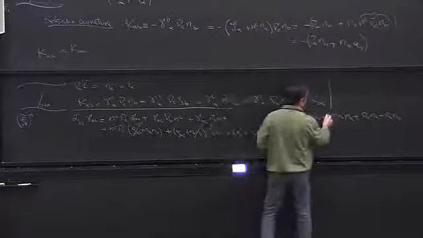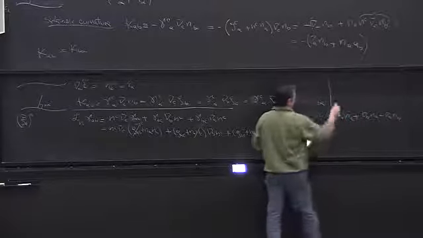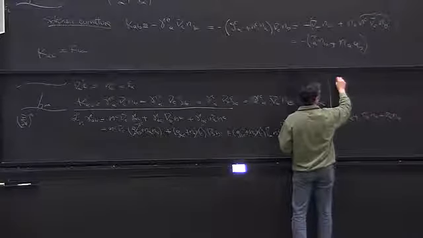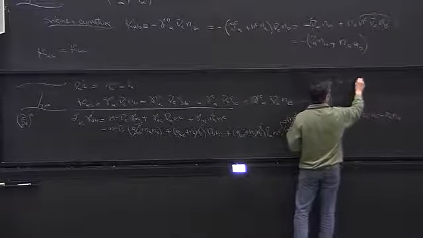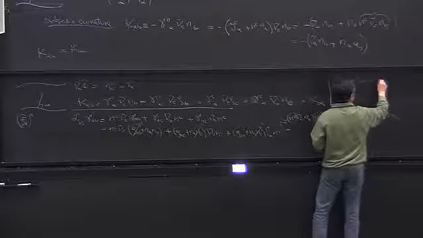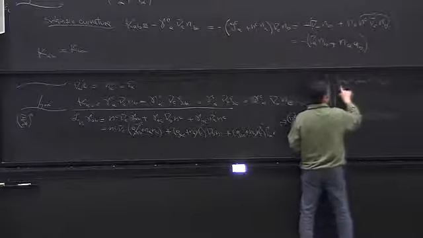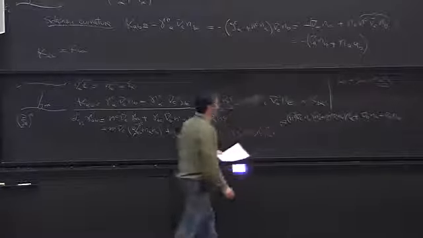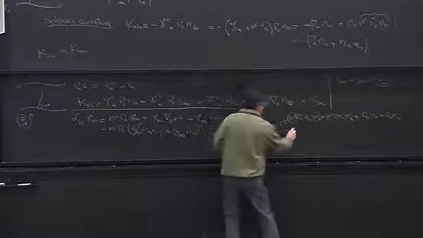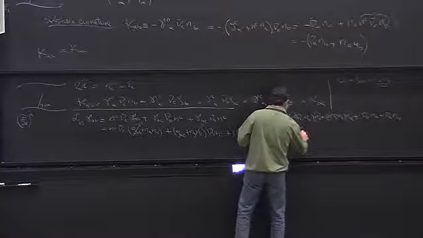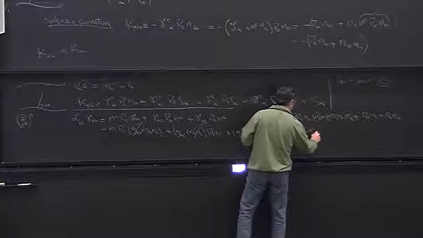Similarly here. And just as I've done before, I can write this in terms of both gamma and G. So I'm going to replace this by gamma CB minus GCB.